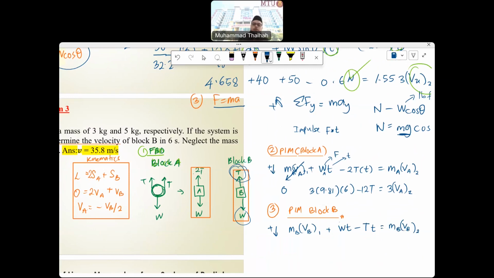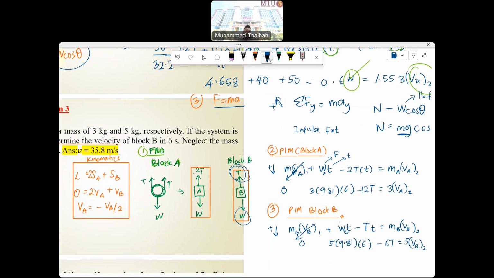Again, let's put this one to 0. This time around, it is the weight of block B, 5 kilograms times the gravity, mg, multiplied by 6, minus 6 capital T, tension. We plug in the mass, 5 times V B sub 2.